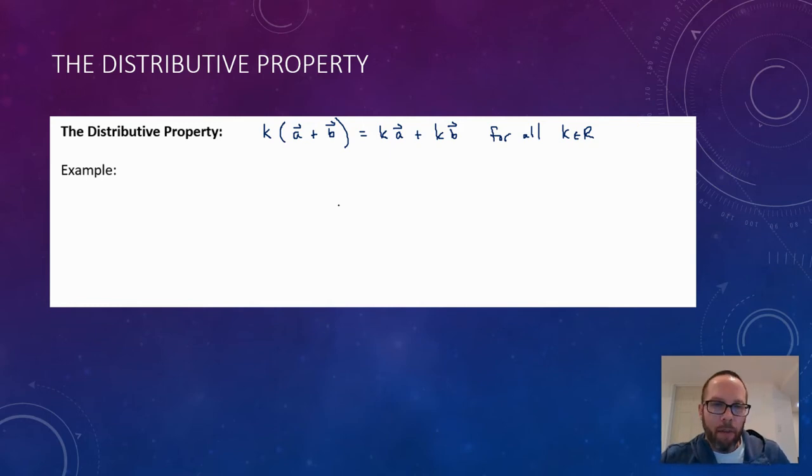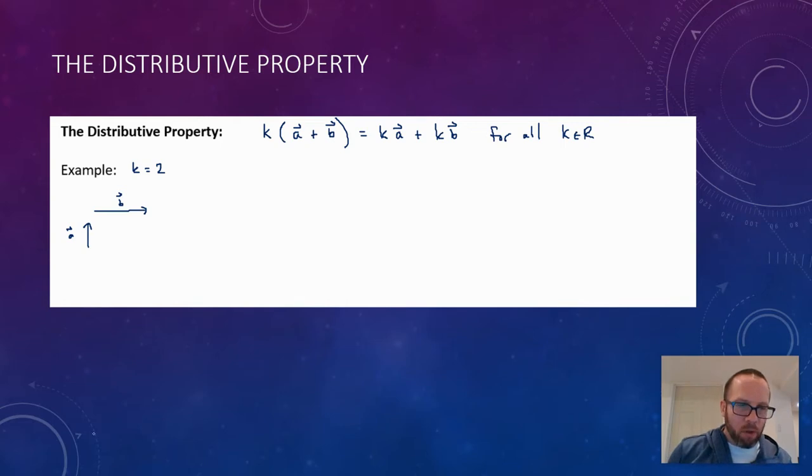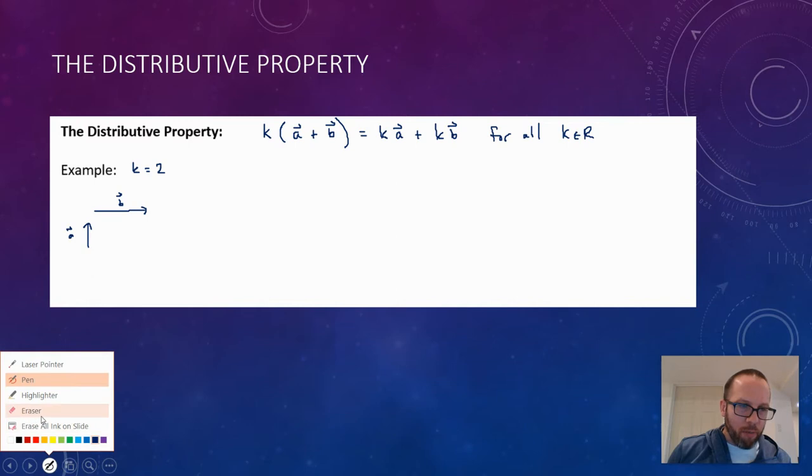So as a little example, let's say I'm going to draw just a couple tiny little vectors here. I'm going to call that vector A, and I'm going to call that vector B. And I'll do an example here with k equals 2. Actually, I'm just going to draw 2 drawings off to the right here.